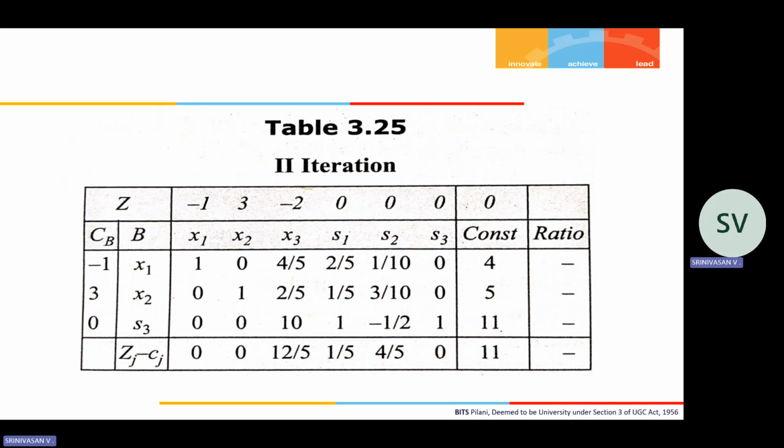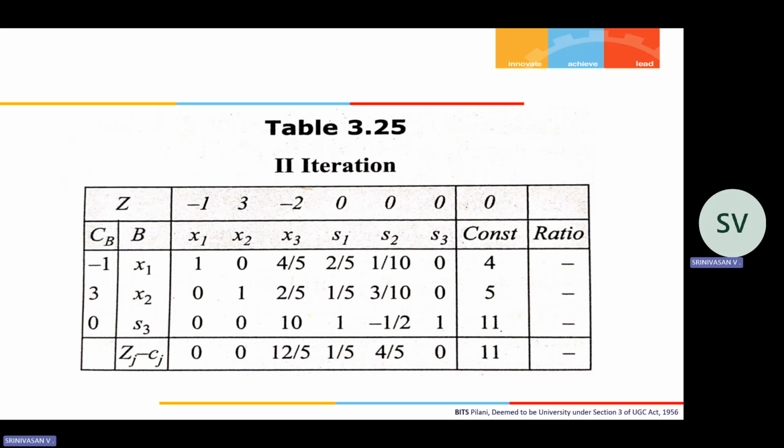So it is 12 by 5. Next is minus 2 by 5 plus 3 by 5. So 1 by 5 minus 0, you get 1 by 5. Minus 1 by 10 plus 9 by 10. So 8 by 10, that is 4 by 5 minus 0, 4 by 5. The last one 0, 0, 0 minus 0, 0. And this minus 4 plus 15 plus 0, that is 11 minus 0, 11.